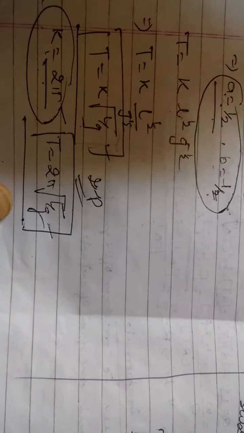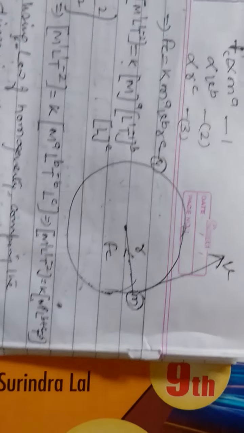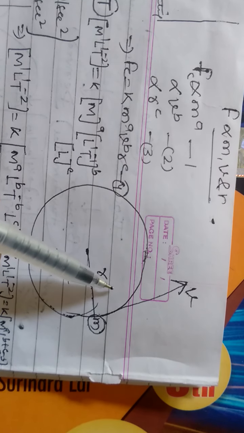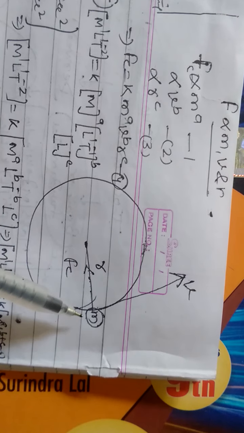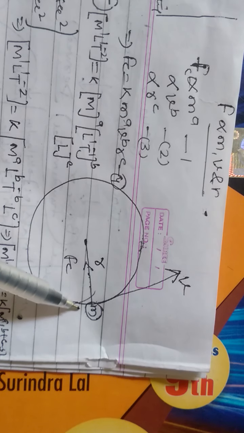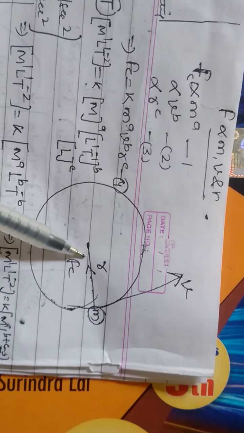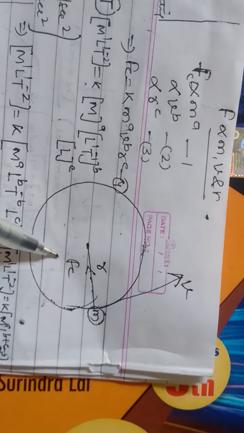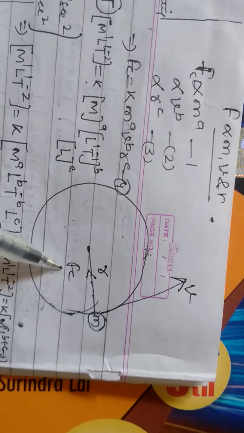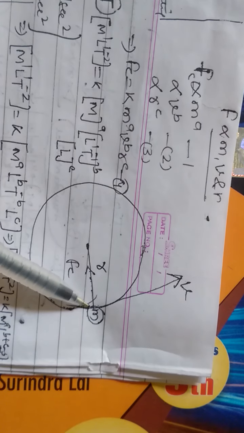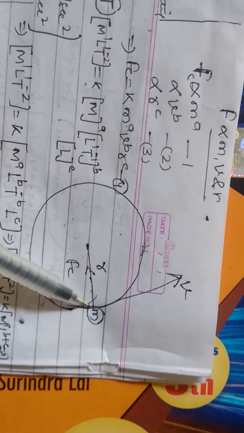Right? So in this way we can derive any formula. One more formula is there which is very important for you. Whenever any object is moving in circular motion, when the mass of the object is m, it is moving with linear velocity v and the radius is r, can we derive the formula of the centripetal force produced in this object?